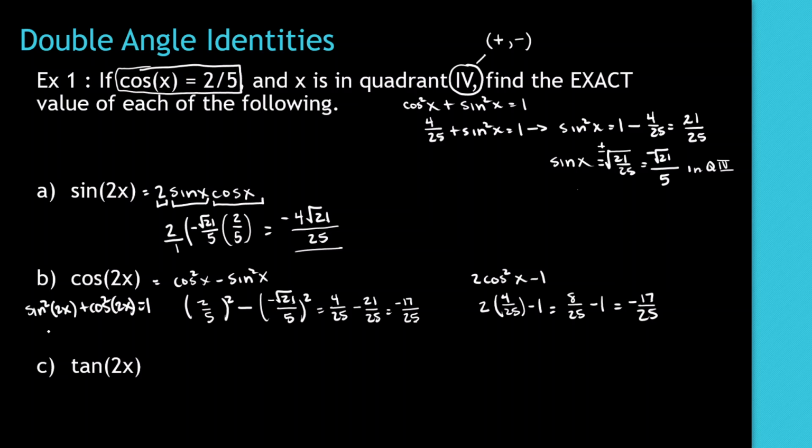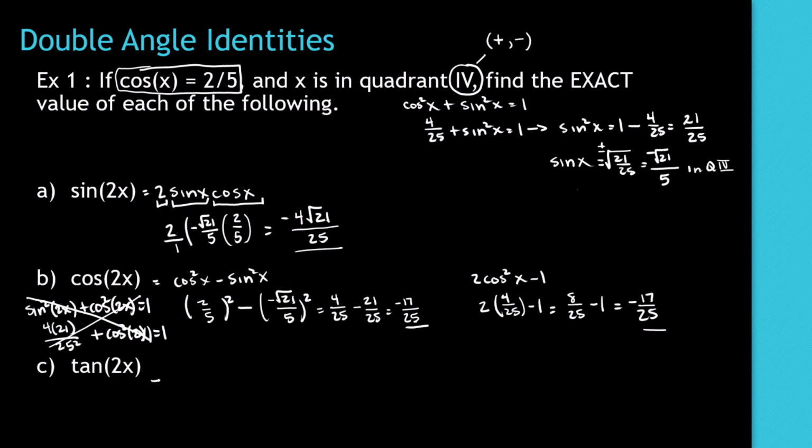So if I square that, that's going to be 4 times 21 over 25 squared, plus cosine squared of 2x equals 1. And you could solve it out and still get negative 17/25. Now, if you did it that way, you'd have to take the square root and you'd have to remember what quadrant you're in. So this version is not as straightforward. It's better to do one of these.